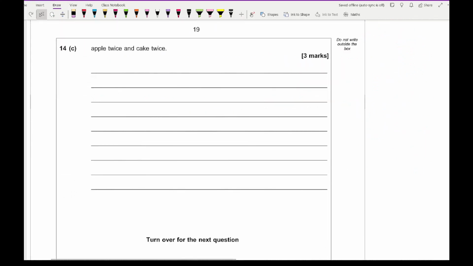Then moving on to 14b, it says work out probability of an apple twice and a cake twice.